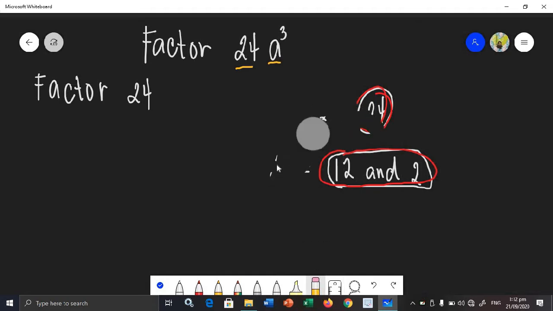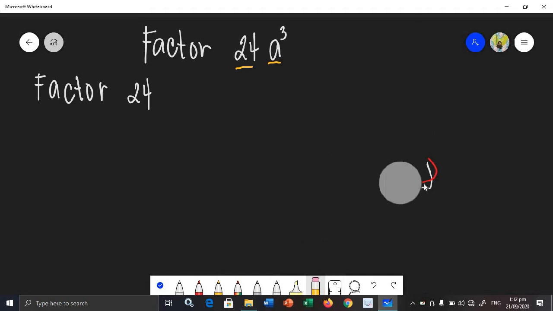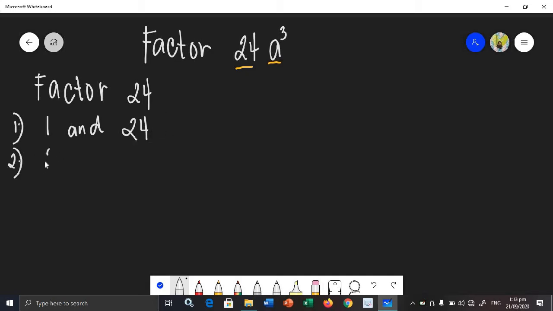So what are the factors of 24? Or what numbers, when we multiply them, give 24 as the answer? First, 1 times 24, so 1 and 24. Why can it be 1 and 24? Because 1 times 24, the answer is 24. Another factor is 2 and 12, because 2 times 12 is 24.